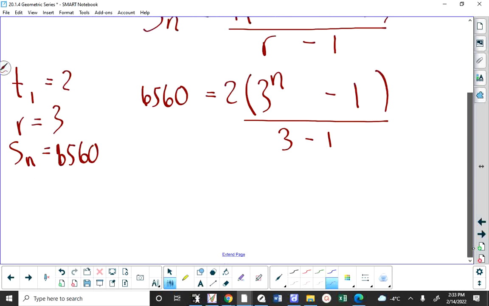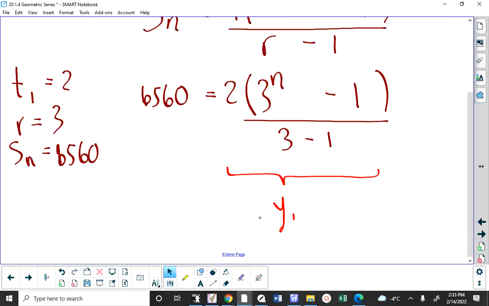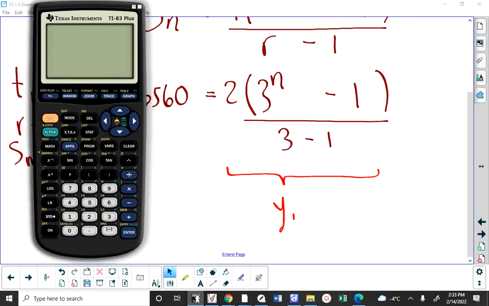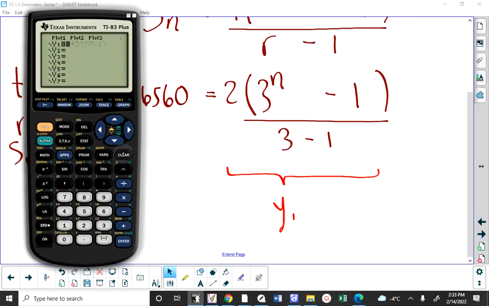What you are going to do is put this in for y1 and go table exploring and find out where that thing equals 6,560. So 2 brackets 3 raised to the x minus 1, bracket divided by 2. I don't think, so the calculator knows 3 raised to the x minus 1 as I've typed it in means 3 raised to the x, then minus 1.